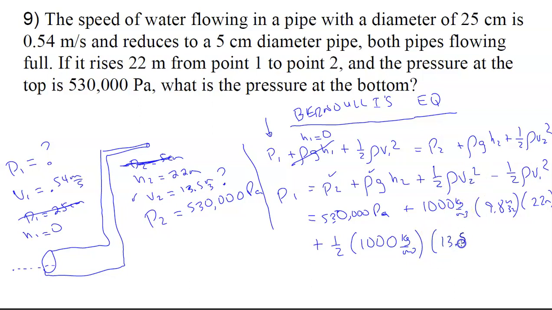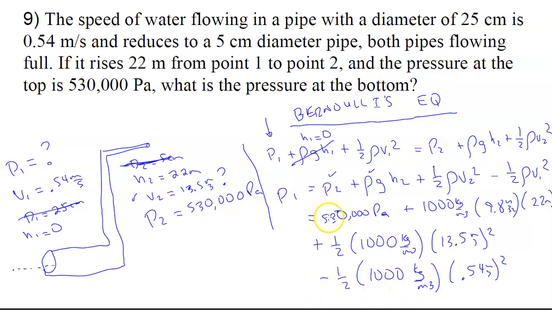That's 13.5 meters per second squared. And then I've got this last term here, minus 1/2 rho times 0.54 meters per second, again squared.